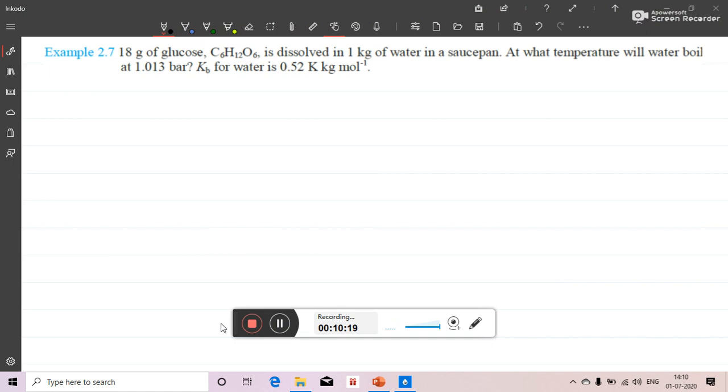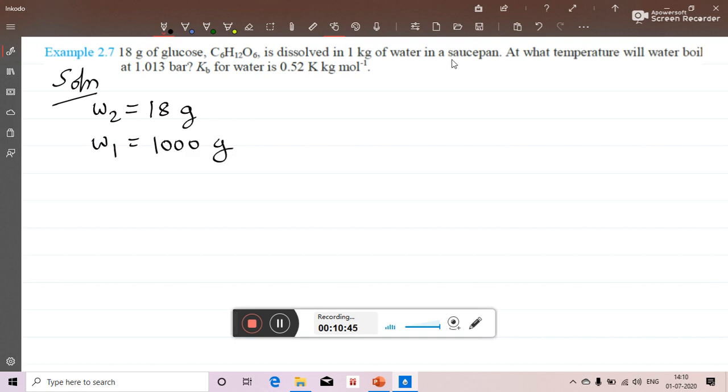Now example 2.7. 18 gram of glucose. So W2, that is the mass of solute, is 18 gram. C6H12O6 is dissolved in 1 kg of water. So the mass of solvent is 1000 gram. In a saucepan, at what temperature will water boil?